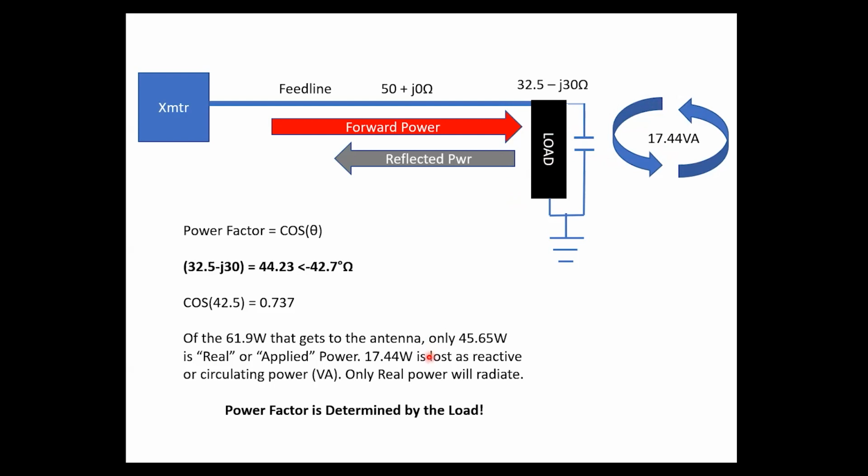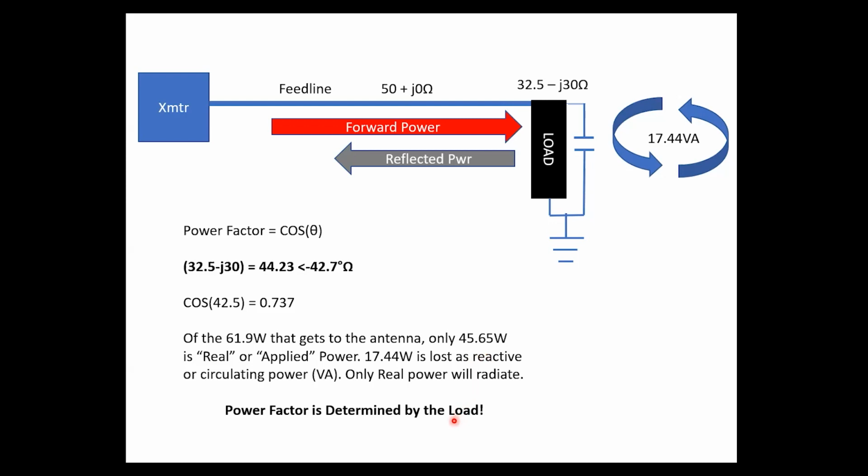Bottom line is, of the 100 watts that we start out with out of the transmitter, only 45.65 watts gets to the antenna. And that doesn't necessarily mean that it's transmitted. It still could be losses in the antenna. You could have resistive losses to the ground. You could have resistive losses in the wire because you use too small a wire. Nevertheless, only 45.65 watts actually gets to the antenna itself.